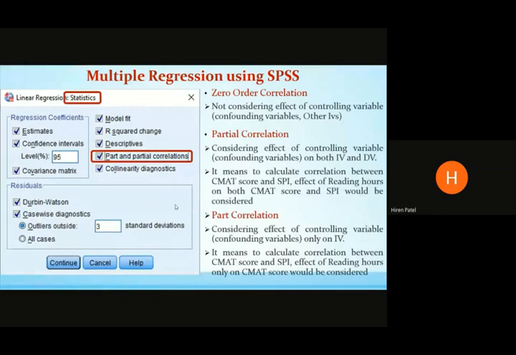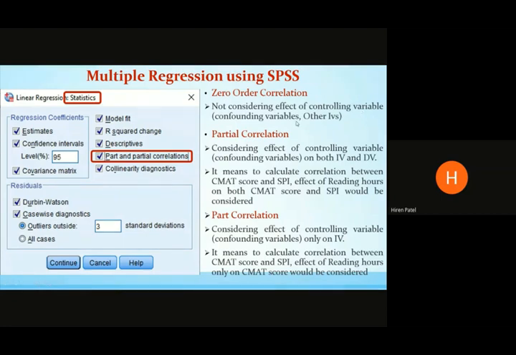Now this is something which is essential, because we hardly bother about part and partial correlation. There are 3 correlations identified under SPSS: zero order, partial and part correlation. Though we'll not enter into the details, just to touch upon it, zero order correlation is the correlation without considering any controlling or confounding variable.